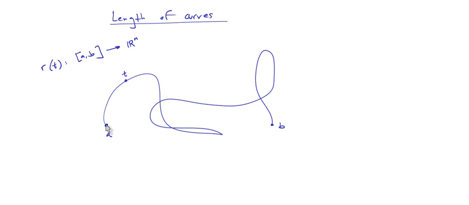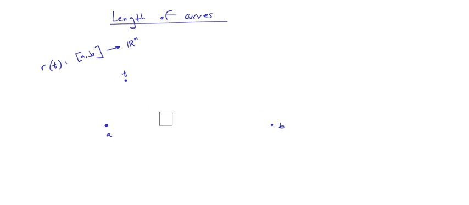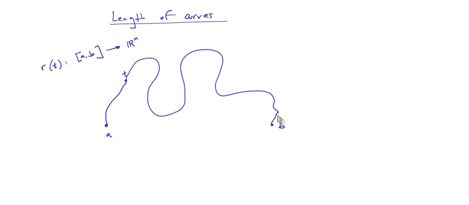So one way to think about the length of a curve like this, let me simplify it. You can think of any kind of curve which you parameterize with a function r. We can think of how to integrate the length.